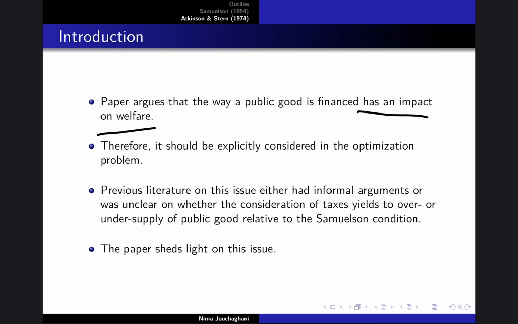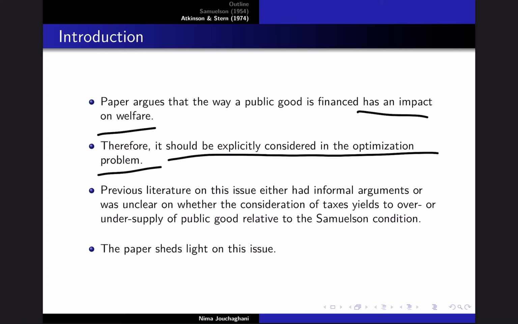So lump sum taxes might be unfeasible in some situations. And if you're using taxes which are causing distortions, then the way that you finance the public good should be explicitly considered in the optimization problem.